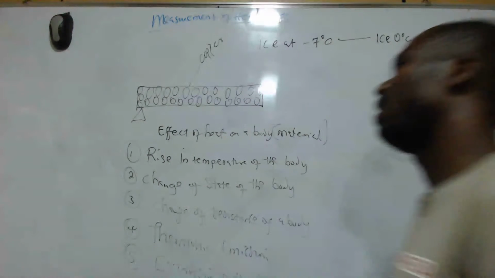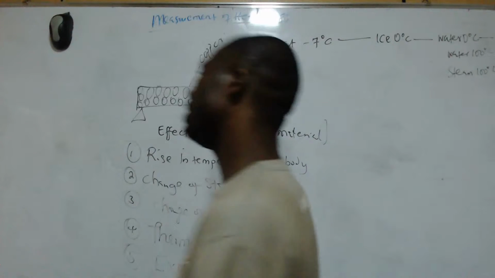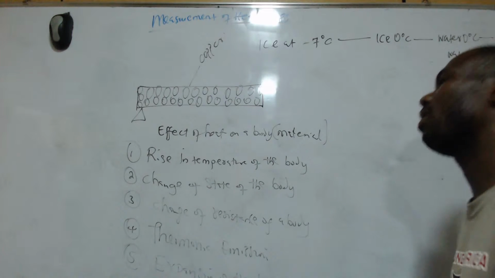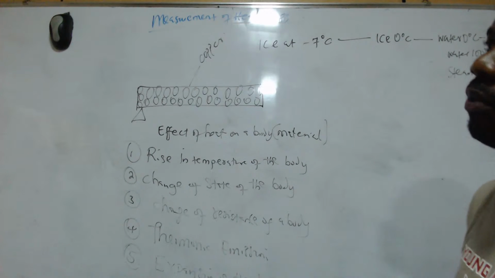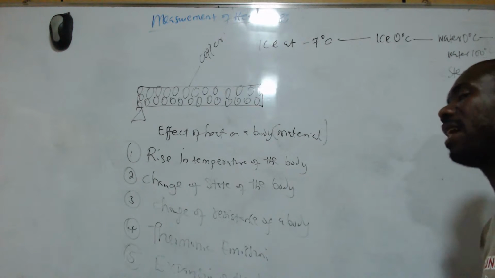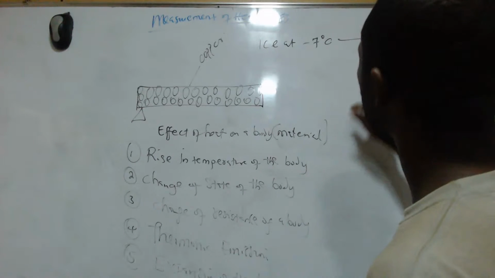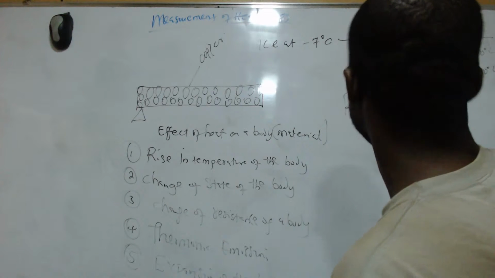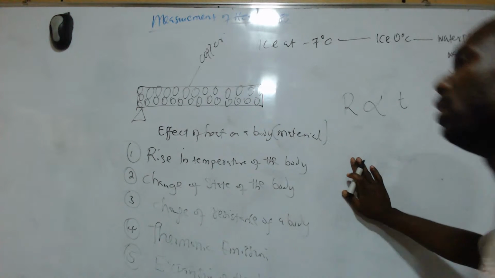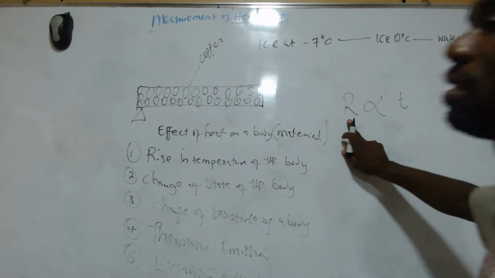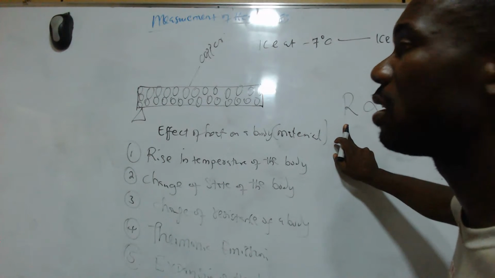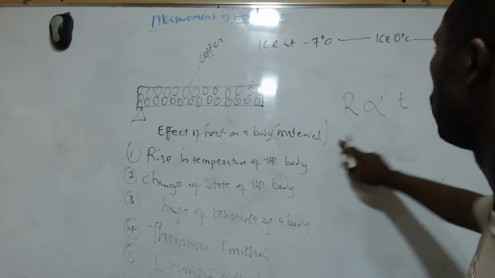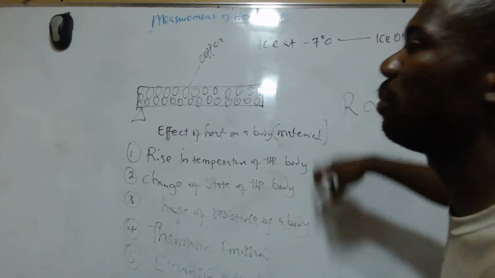Now, the resistance of the body varies with temperature, or is directly proportional to temperature. Resistance R is directly proportional to temperature T. As you increase the temperature, you are trying to increase the resistance of a body.